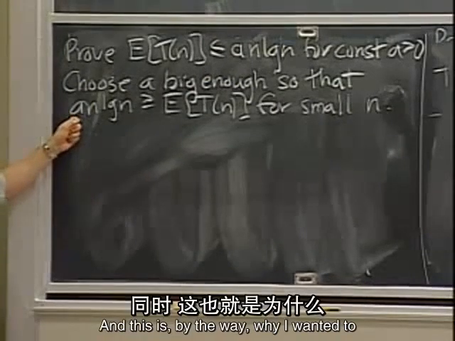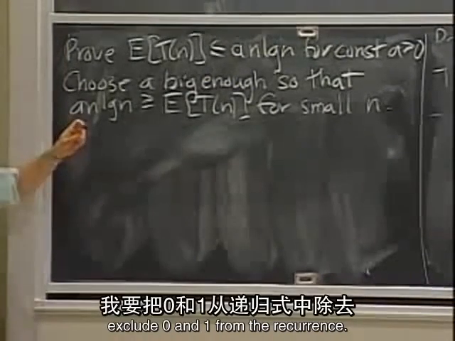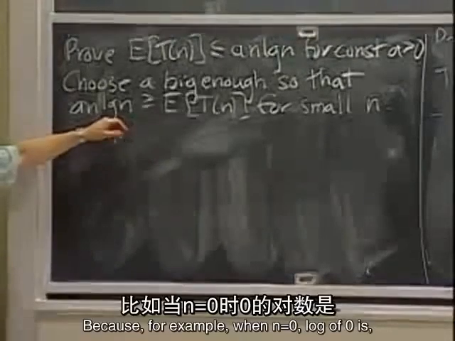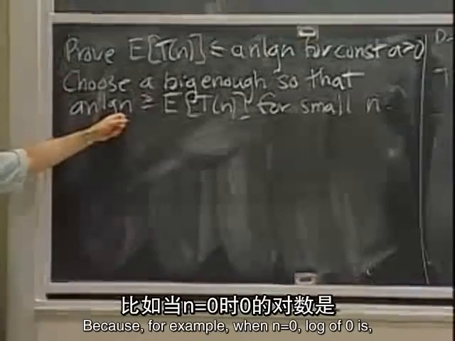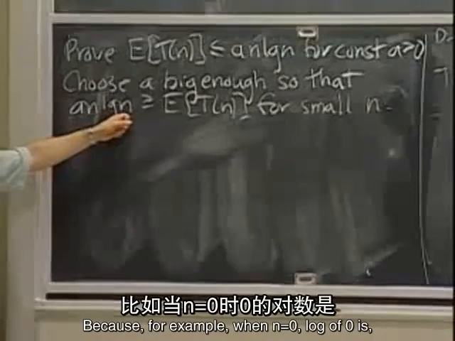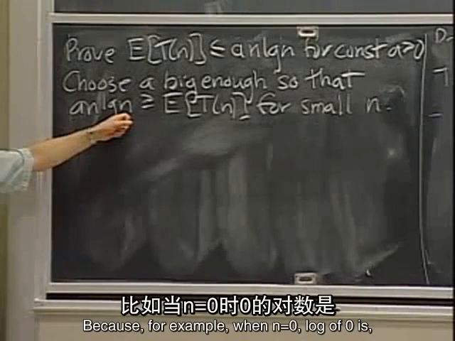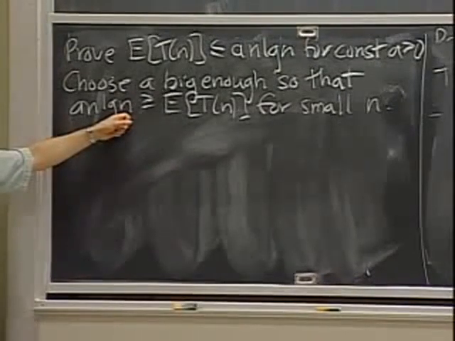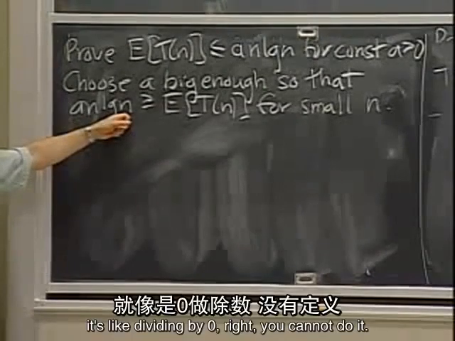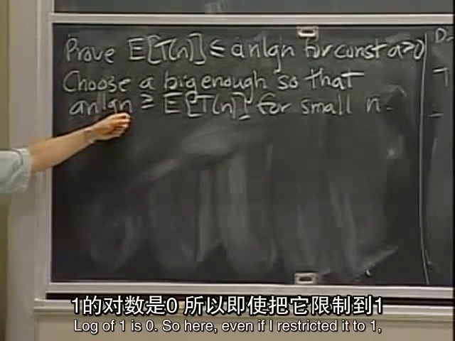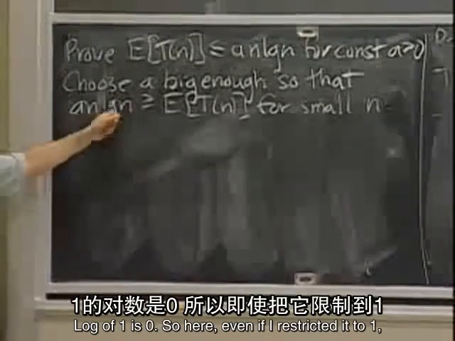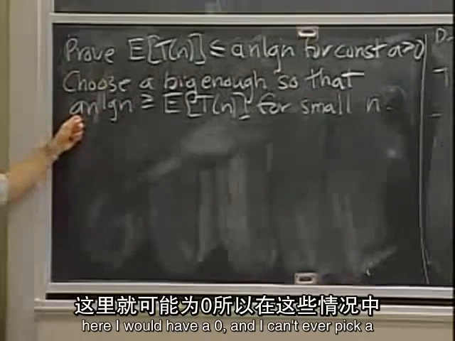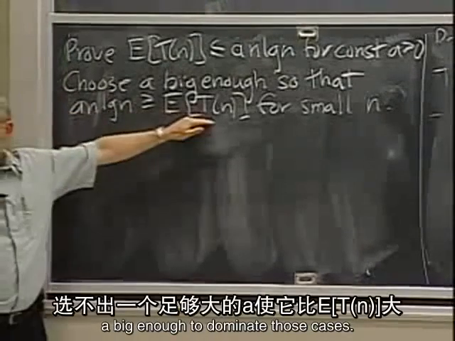And this is, by the way, why I wanted to exclude 0 and 1 from the recurrence. Because, for example, when n is 0, log of 0 is like dividing by 0, right? Can't do it. Log of 1 is 0. So here, even if I restricted it to 1, here I'd have a 0, and I can't ever pick a big enough to dominate those cases.